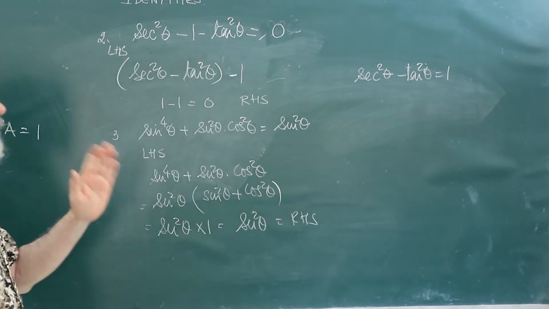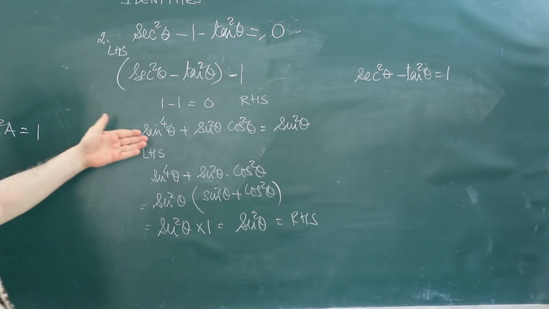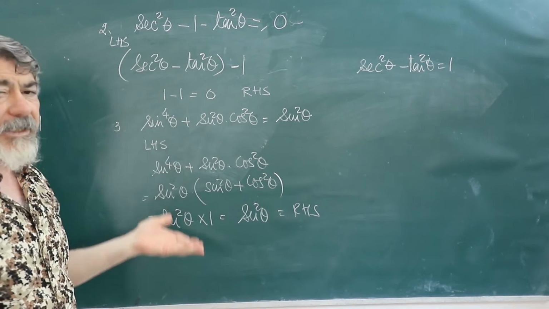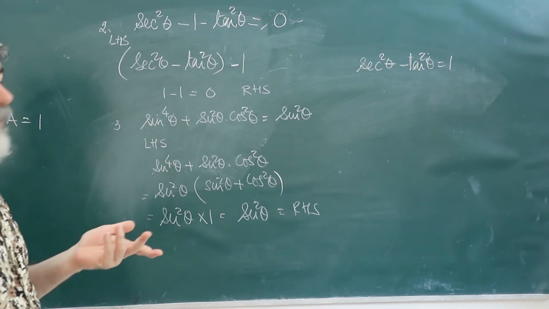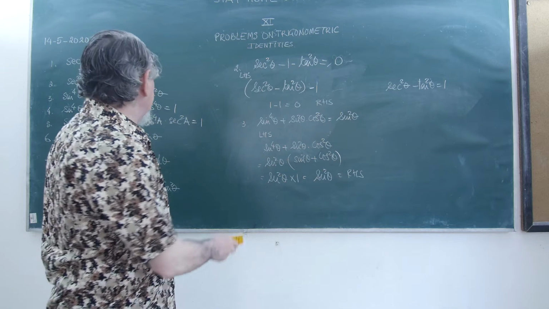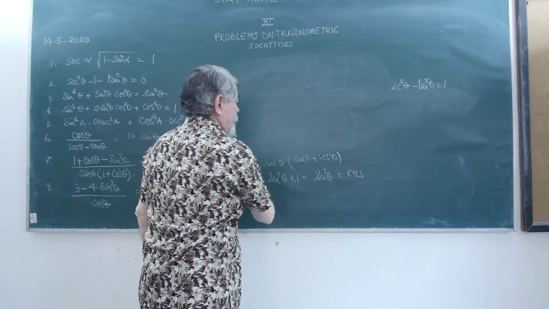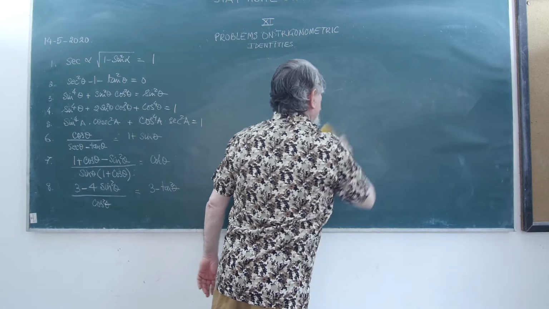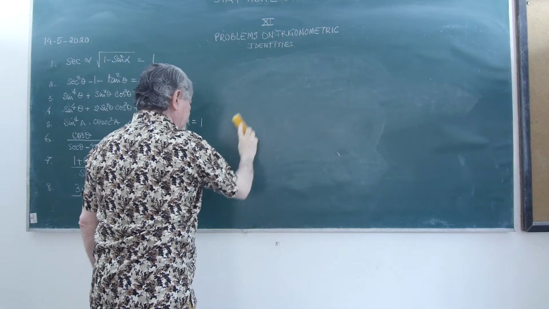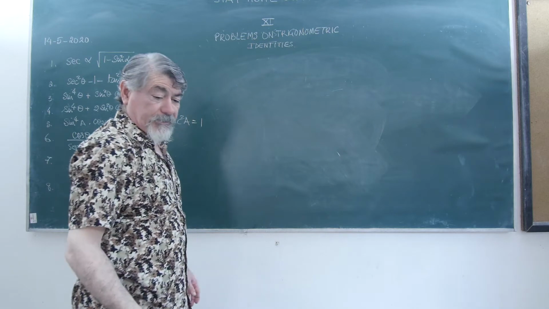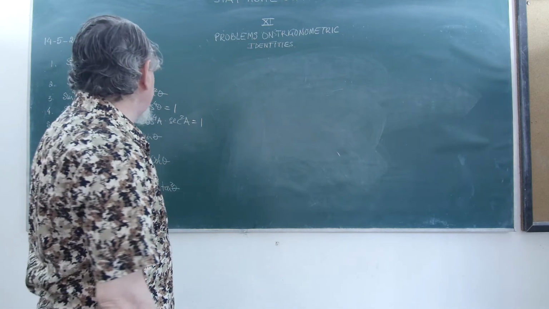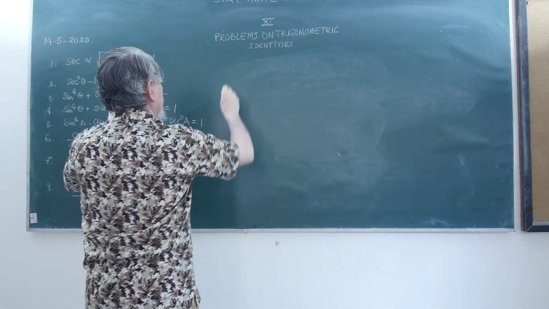So we are going from the left hand side to the right hand side. We start solving by applying basic identities. Now let us see the fourth question. You have to remember all the identities. In trigonometry, the formulas have to be remembered.